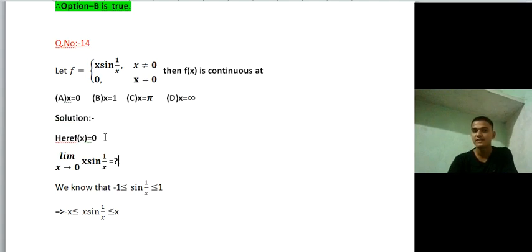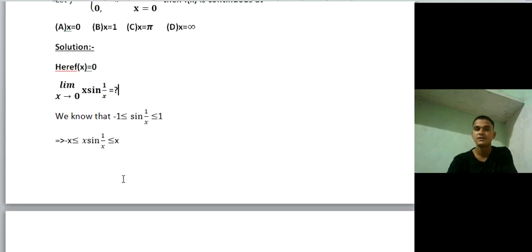So here the functional value was 0, and the limit as x tends to 0 of x sine 1 by x is equal to 0. So we can say at x equal to 0, the functional value is 0 and the limiting value is also 0. So at x equal to 0, this function is continuous.